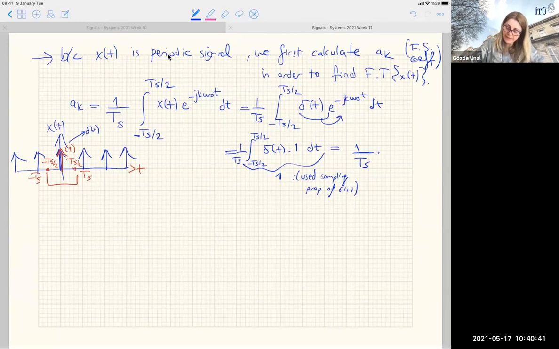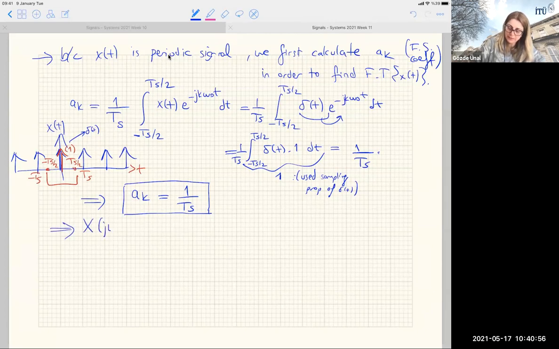So now I have a_k. We found the Fourier series coefficients for the impulse train signal to be this simple constant, 1 over Ts. Now from here, my Fourier transform X(j omega) is, what was it, guys? For all k, 2 pi a_k delta of omega minus k omega 0.